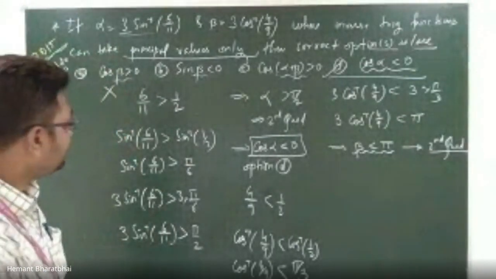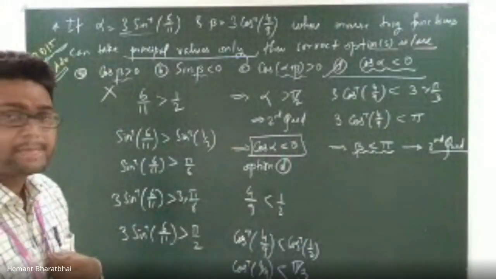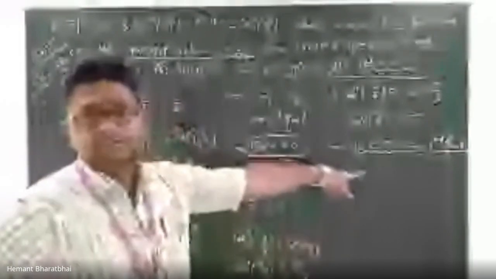Cos beta cannot be greater than 0 because I am getting it as lying in the second quadrant. Similarly, in second quadrant my sine is positive. So when I write sin beta, I should get a positive value. But here what is written in the option, sin beta is less than 0. So this will also not be right.